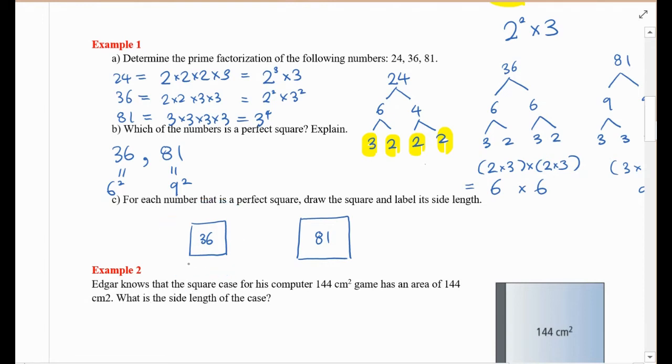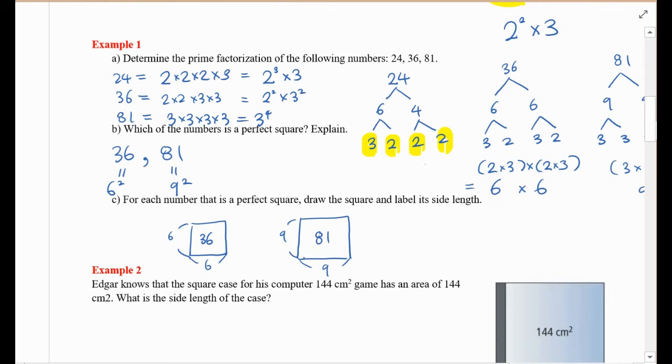You can find this by taking a square root of it, root 36, which is 6. Okay, so the side length is 6. And 81, what is the side length of this? That is square root of 81. That is the same as 9. Okay?